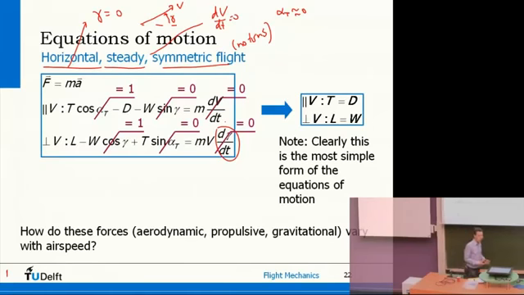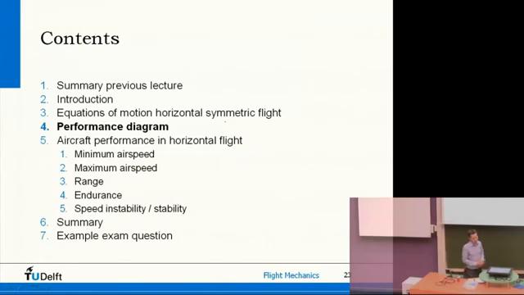Now we've already derived that basically. We know how aerodynamic drag behaves, we know how thrust behaves as airspeed. So what we can now make is a diagram where you have both the aerodynamics and the propulsion together in one diagram to tell you something about performance, and this is why we call it a performance diagram.